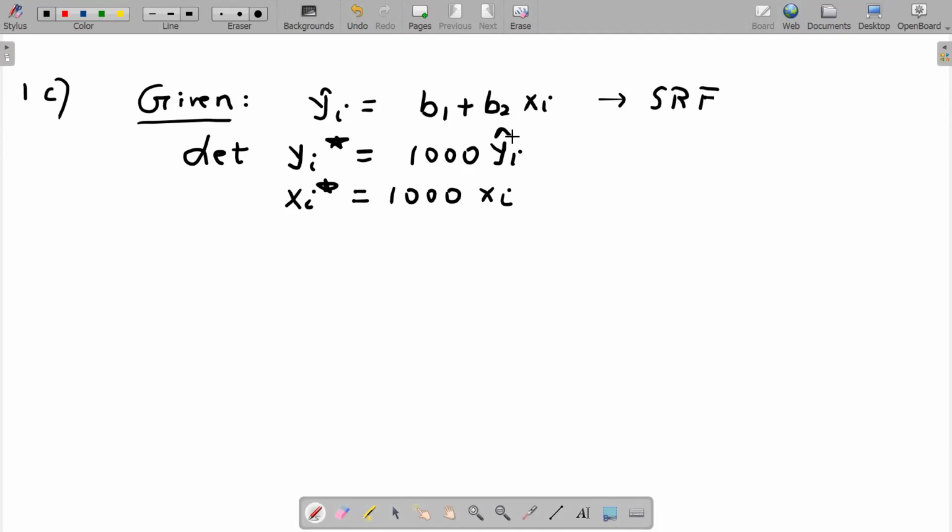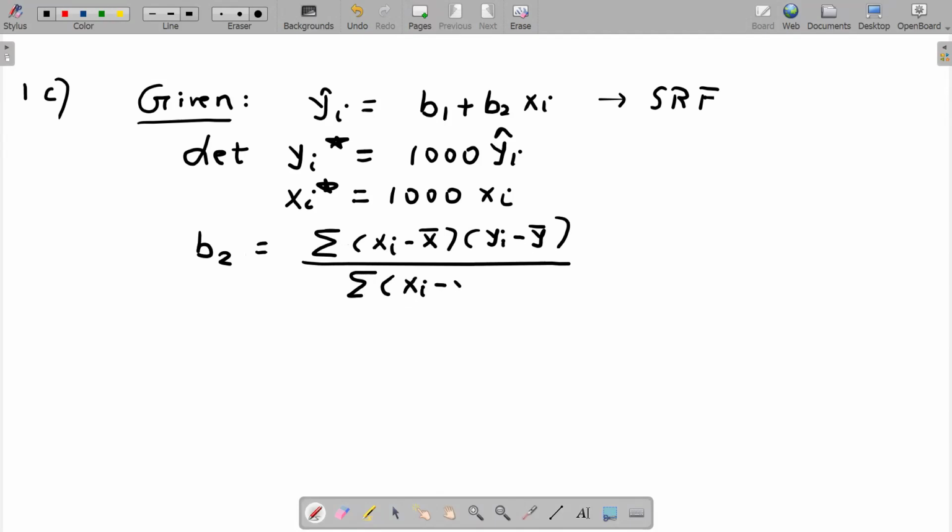So I can write my transformed regression. Let us see what will happen to B2 star and B1 star. Now remember from my lecture that B2 star is not affected by change of origin and scale. The formula for B2 from the OLS, students should be able to recall: summation of xi minus x bar times yi minus y bar over summation of xi minus x bar square, which I can also write as covariance of xy over variance of x.